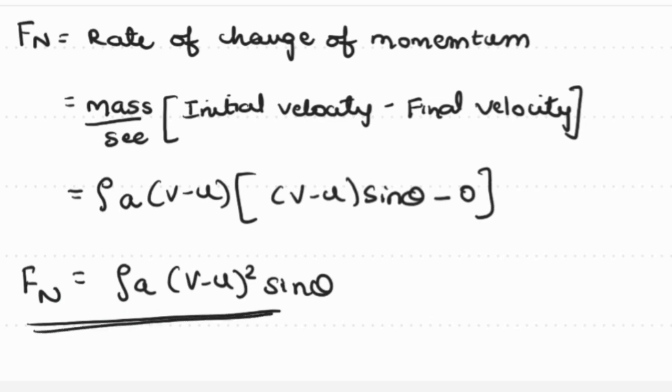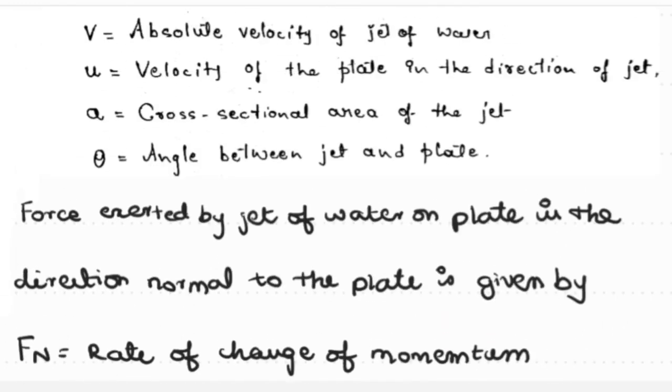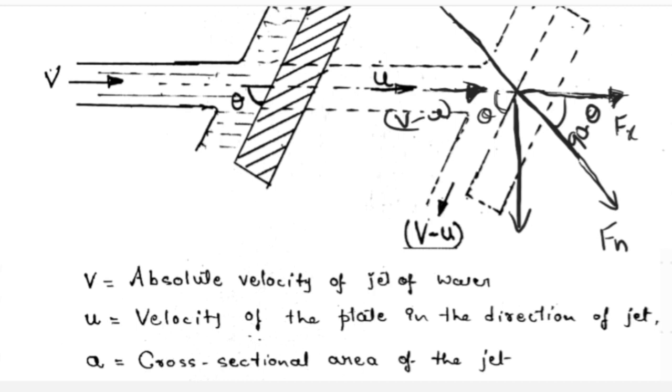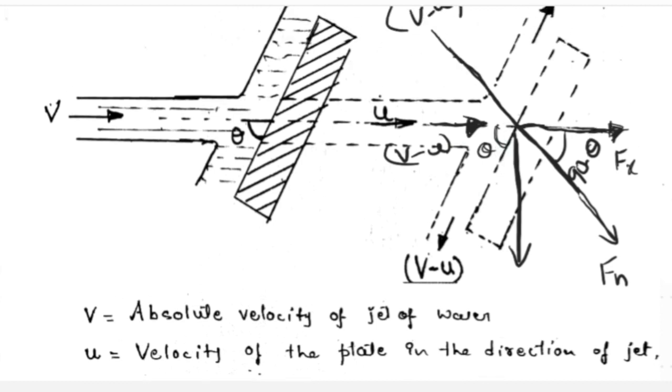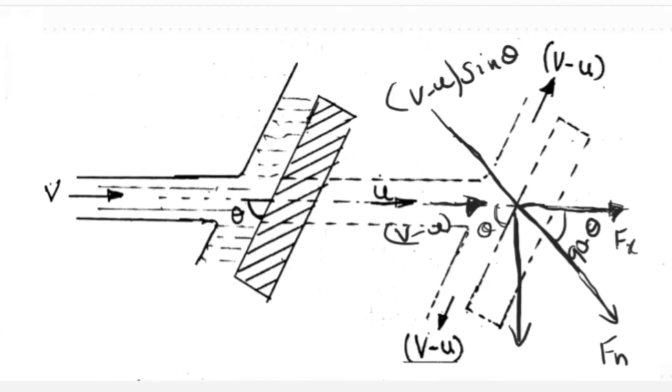If you are confused about how we got v minus u sine theta, you can see here: this is v minus u and this is theta. If you resolve it, you get v minus u cos theta and v minus u sin theta.